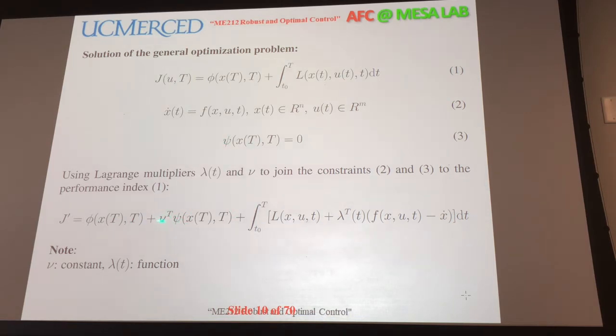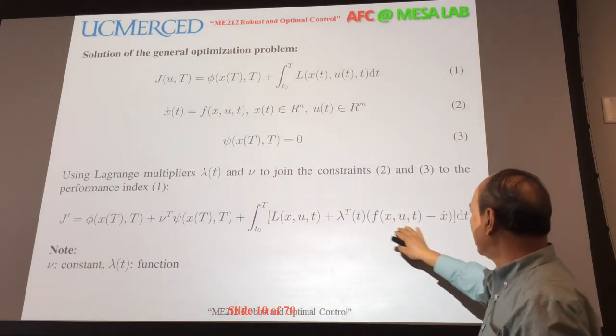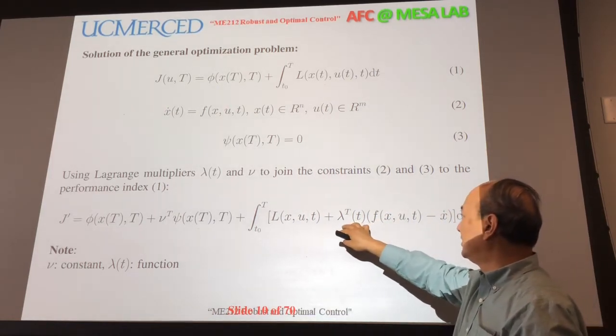So the new nu here is a penalty, or sometimes it's called a Lagrange multiplier. On the other hand, inside of L, let's add a 0. So this f minus x dot is nothing but 0. 0 times anything is still the same.